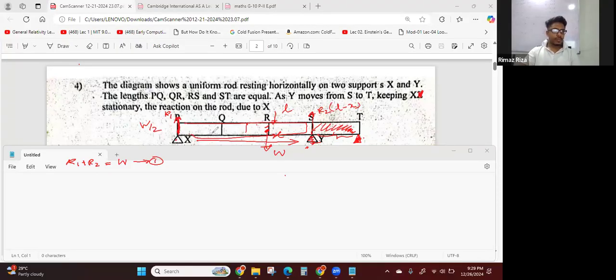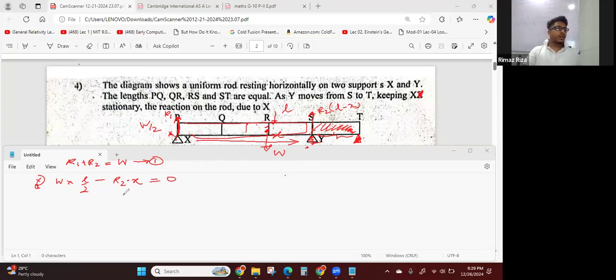And then I'll take the moment from point X, the clockwise moment. We have W times L over 2 minus R2 times x, the perpendicular length being x. This equals 0 because it's in equilibrium, so the net torque has to be 0.